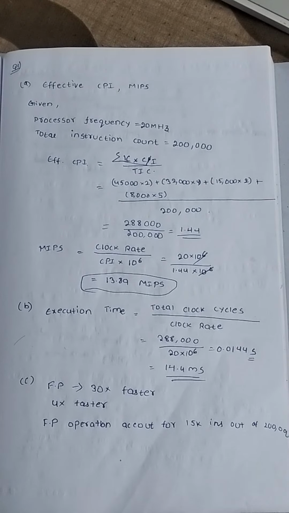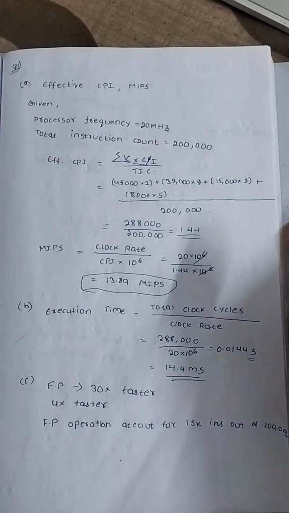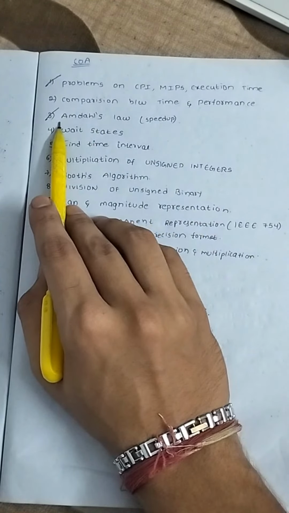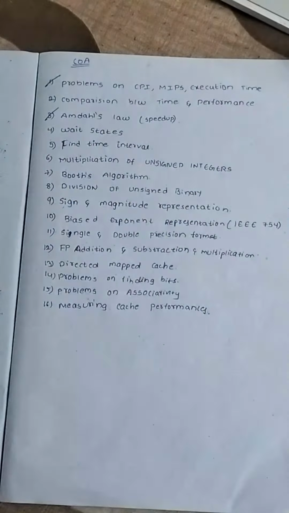Yes, Mustafa. Clock period is equal to 1 by frequency, similarly clock period is equal to 1 by clock rate as well. These three topics are from the first and second PPTs.